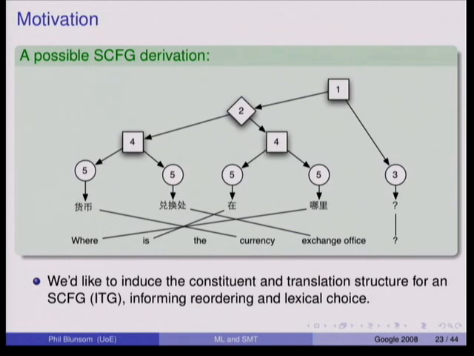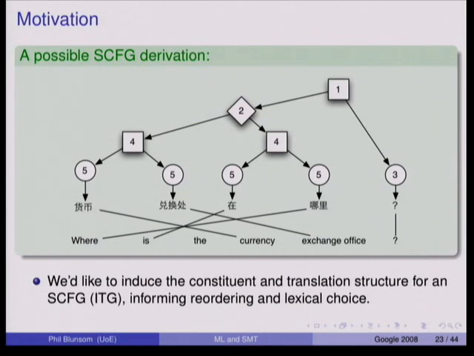So to come back to that example, in this section on the generative models, I'm going to restrict what I'm talking about to ITG models, which are synchronous grammars where we have either purely lexicalized emission rules or binary productions.